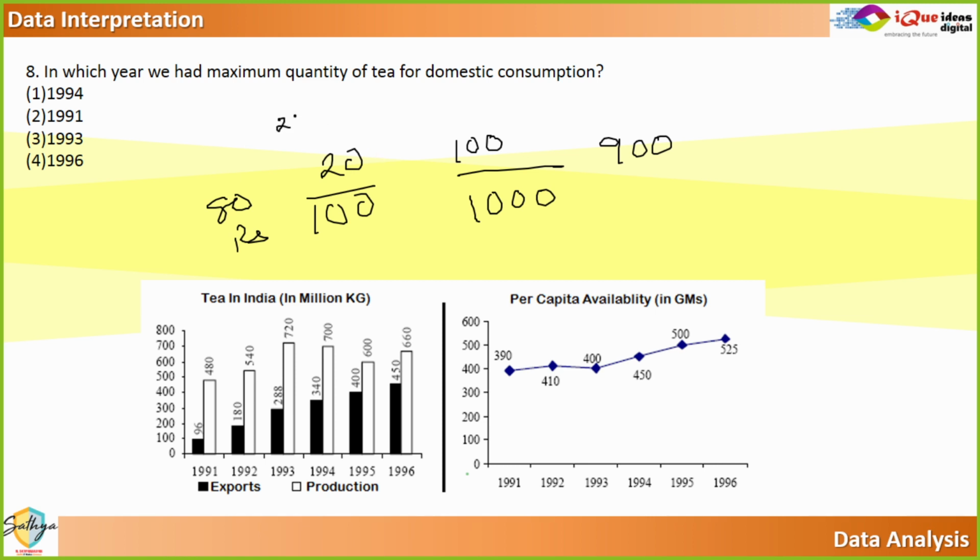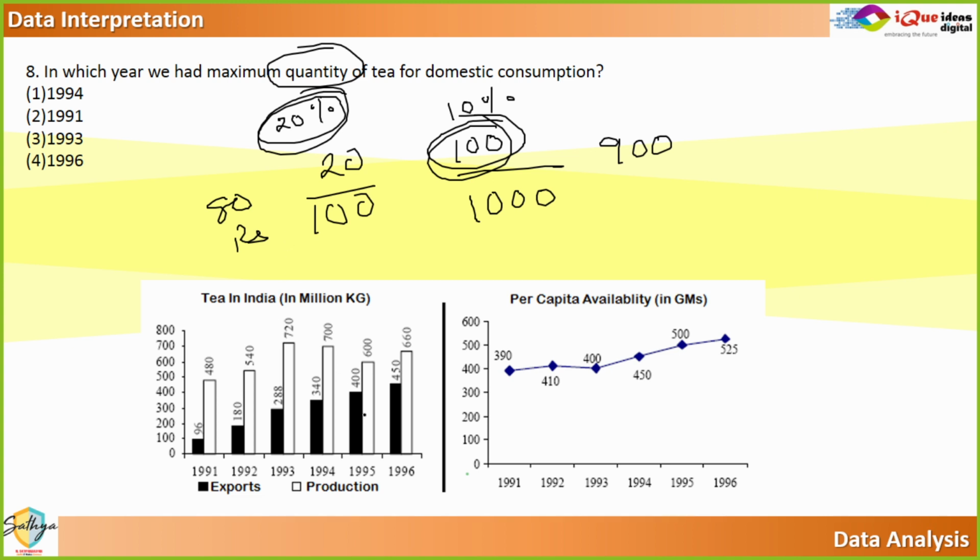Percentage wise, I am spending 20% in the first case and 10% in the second. So percentage wise, I am spending higher in the first case, but value wise, I am spending higher in the second case. Here they have simply asked for value. So you just take the differences.